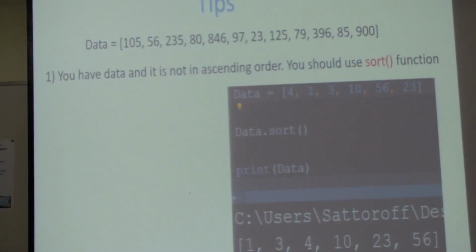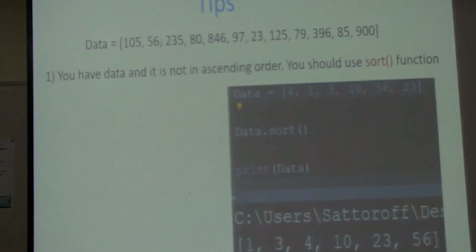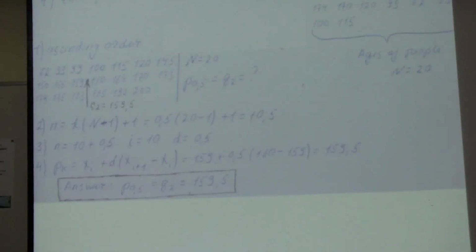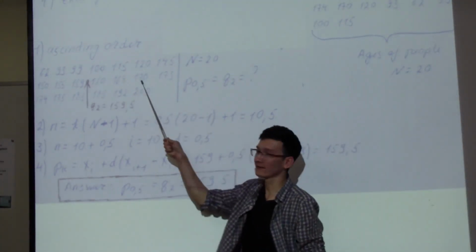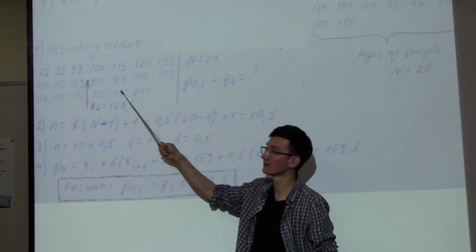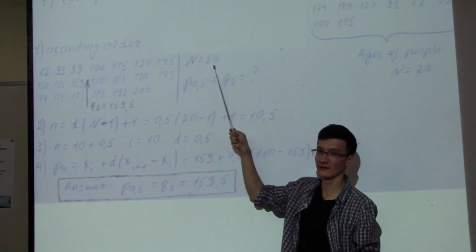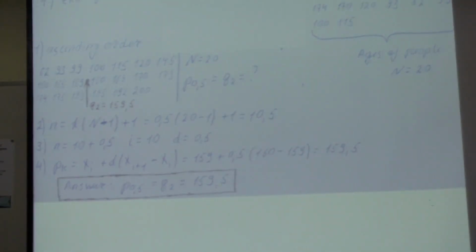So we have data here. Our n is the number of the data. Total data. Here we have 20 numbers. So our n is 20. And now look.